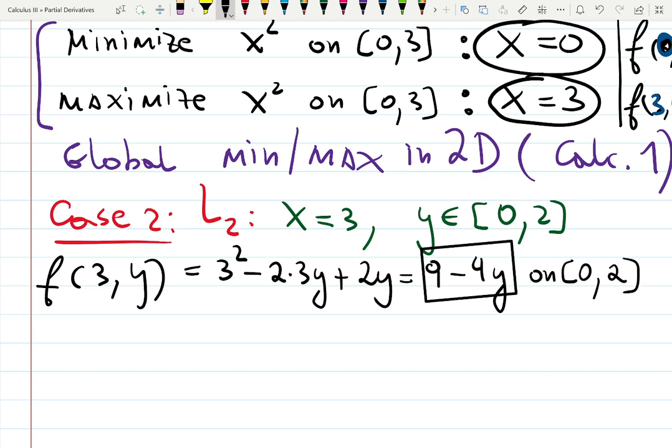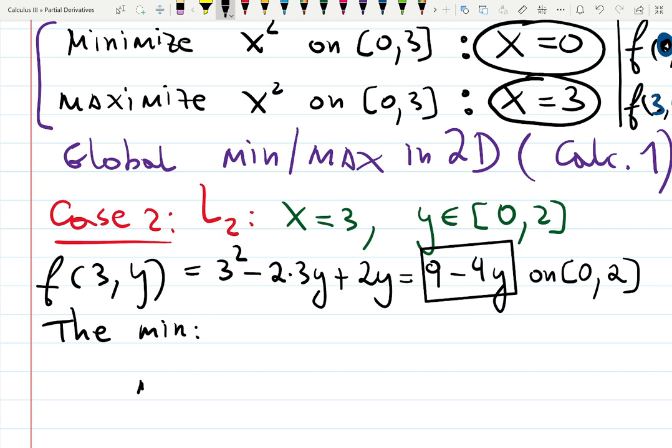So you need to figure out what is happening between 0 and 2. Same thing, you want to minimize and maximize 9 minus 4y on 0, 2. So either you find the derivative and do the whole global minimum on the closed interval thing, or you just see that y has a negative coefficient. So the bigger your y, the smaller the output. So what is going to be your minimum then? 9 minus 4y is a line going down.